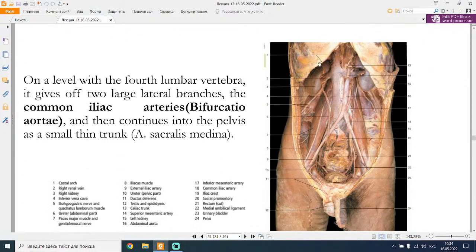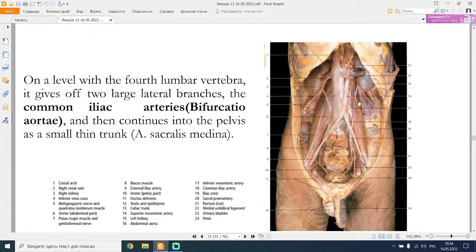On a level with the first lumbar vertebra, it gives off two large lateral branches, the common iliac arteries, bifurcatio aortae, and then continues into the pelvis as a small thin trunk. This is arteria sacralis mediana.